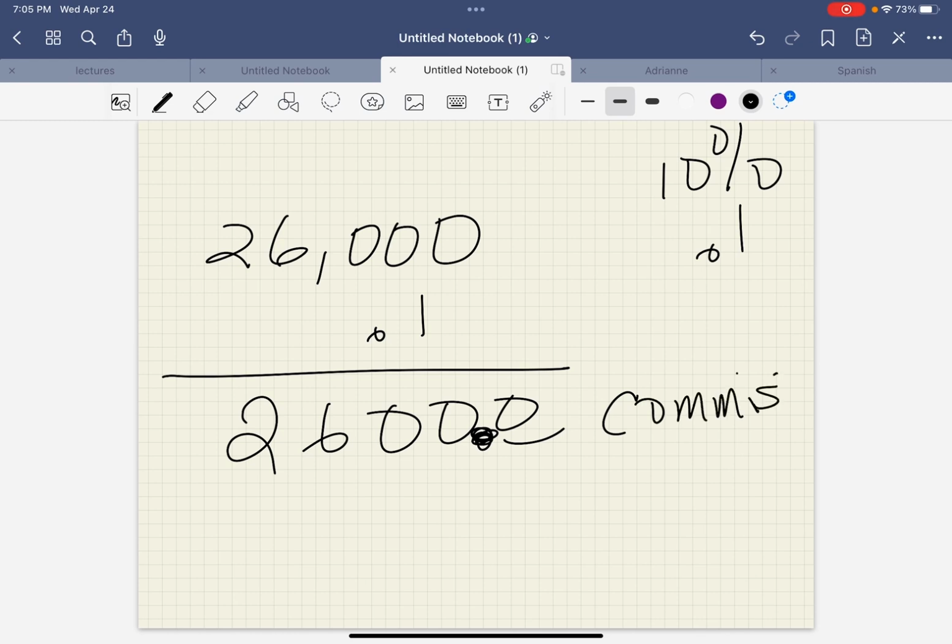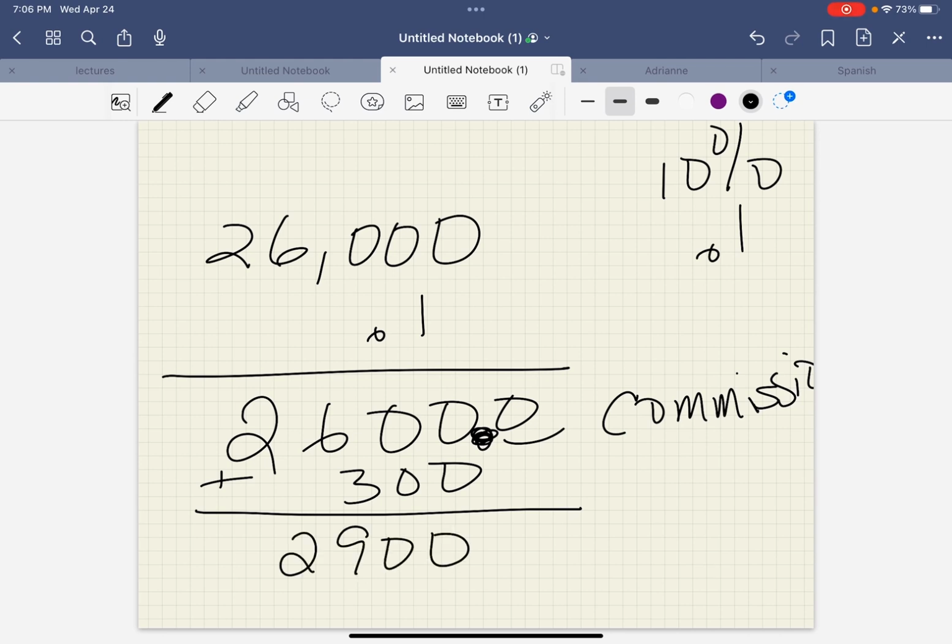He gets a base salary of $300 a month. So add 300 to that. So he's actually going to get a total of $2,900 for the month. So you find out what the commission is and add it to any base salary or base paycheck that they get, that they guarantee.